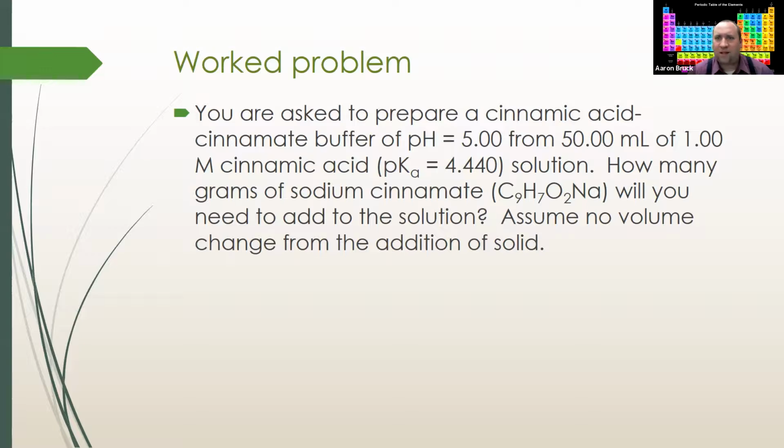So how do you go about doing this? Well, we have to take into consideration what information we already have on hand. We do have a pH of 5 and a pKa of 4.44.